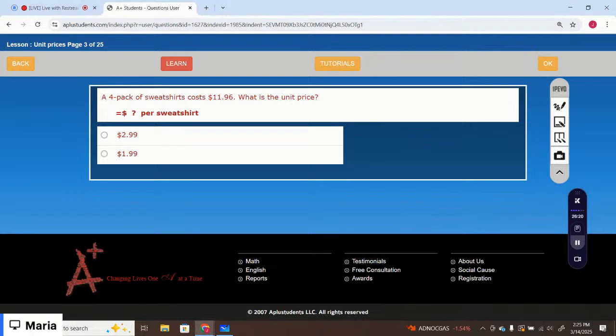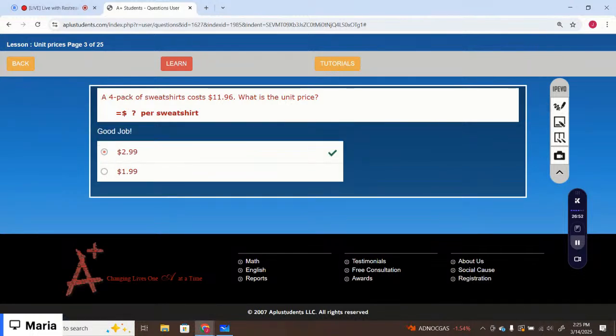A 4 pack of sweatshirts costs $11.96. What is the unit price? So which is the correct option? 11.96 divided by 4 equals $2.99. Option number 1 is the correct option.